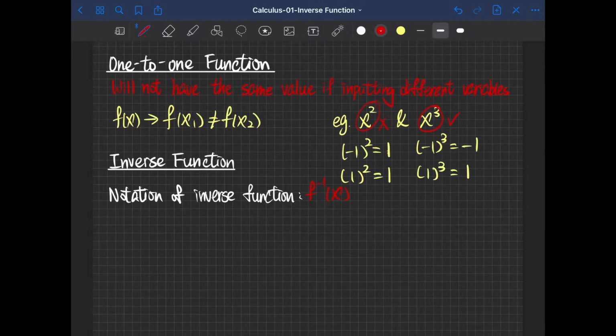The definition of inverse function is based on a one-to-one function, which means the only x will produce the only y, such that the original function is y equals f(x), and it implies that we input x to get y.